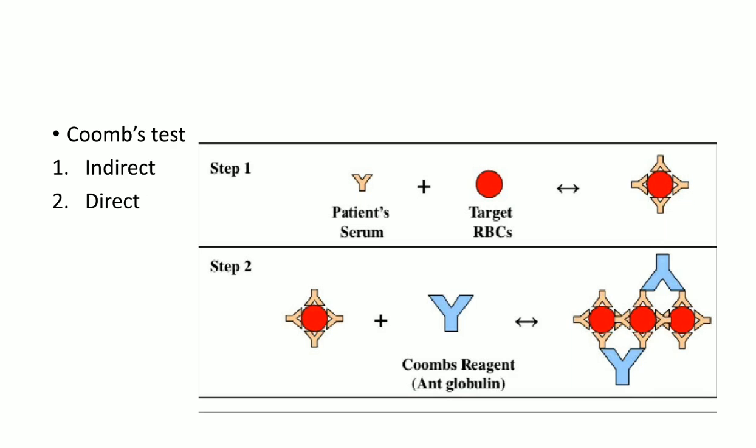We add O positive blood to it, so that if Rh antibodies are present in her blood, they will bind to this RBC.